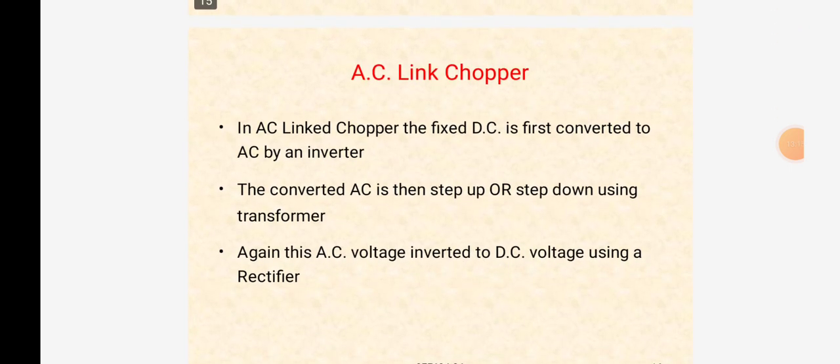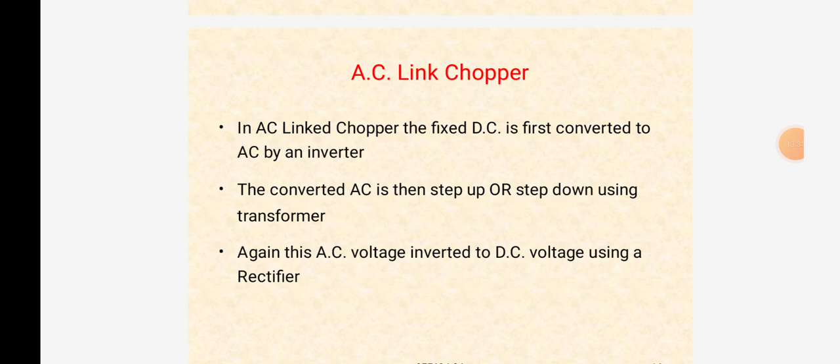So in this AC link chopper, the fixed DC is first converted to AC by an inverter. The converted AC is then stepped up or stepped down using a transformer.